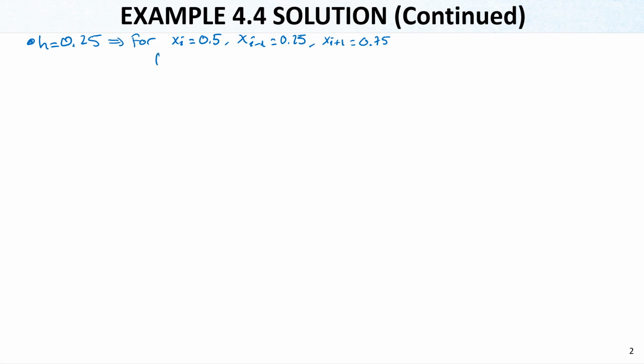And the function values of the true function are, for xi, 0.925, for xi minus 1, f(0.25) is 1.10351563, and for f(0.75) the result is 0.63632813.